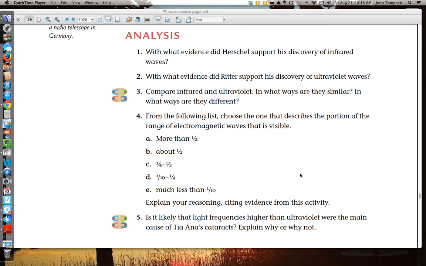Include it in your online notebook. If you want to videotape yourself and put the video in it, if you want to use Explain Everything on an iPad and put it in your online notebook, that's all great. Whatever way you can show me that you understood the knowledge that you should have garnered from this lesson.